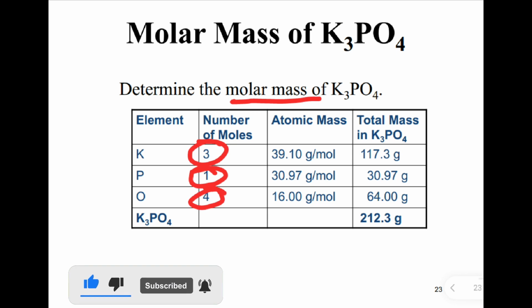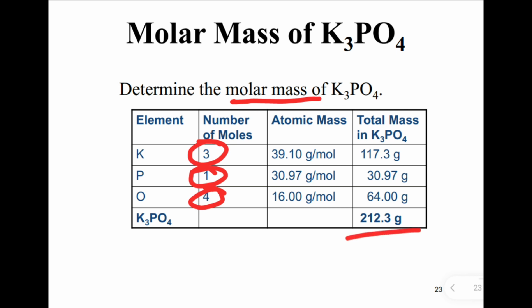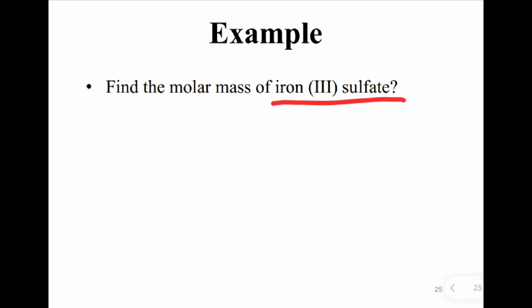Atomic masses are given, and we multiply by the number of moles. So 3 times 39 for potassium, 1 times 31 for phosphorus, and 16 times 4 for oxygen. Adding these, the molar mass of potassium phosphate is equal to 212.3 grams. Find the molar mass of iron(III) sulfate.